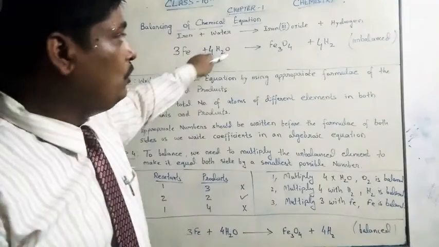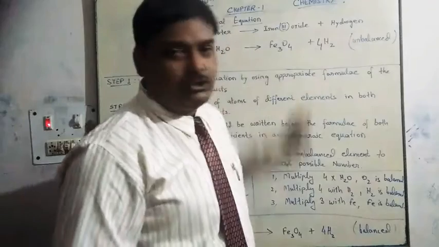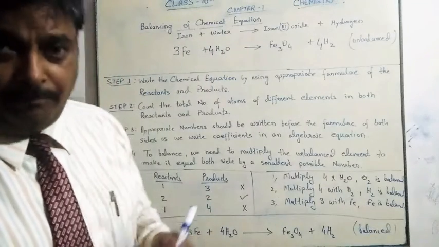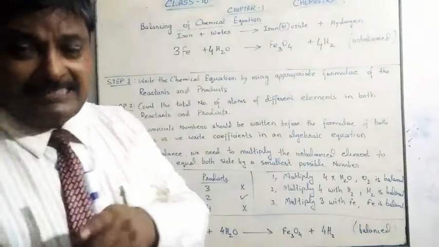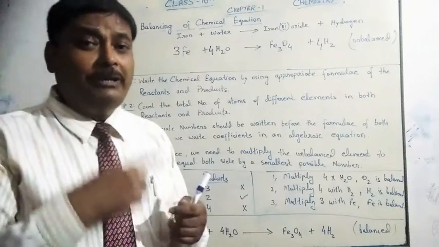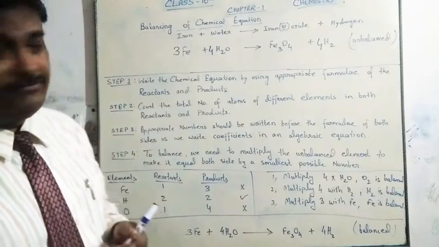Water we write H2O. Iron 3 oxide is Fe3O4, and hydrogen is H2. Whatever the symbolic form of the element or compound, in reactants as well as product, we have to write it as it is. So you should know what the product of every reactant is.